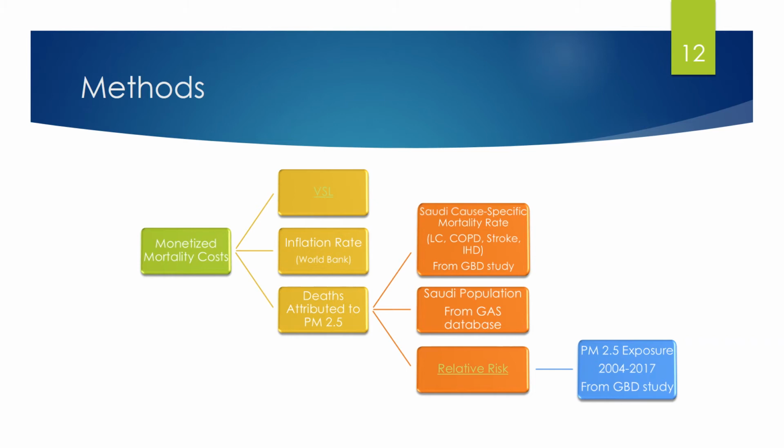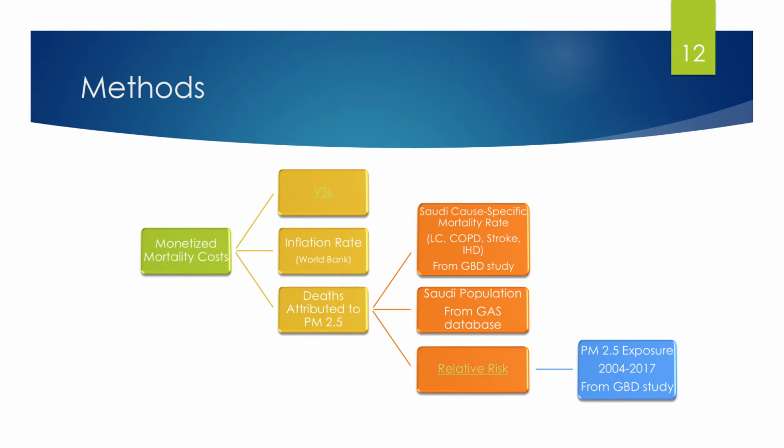To calculate that, what we need is first the cause-specific mortality rate, since PM2.5's causal link to mortality is established for at least 4 diseases. Those are lung cancer, chronic obstructive pulmonary disease, strokes, and ischemic heart diseases.